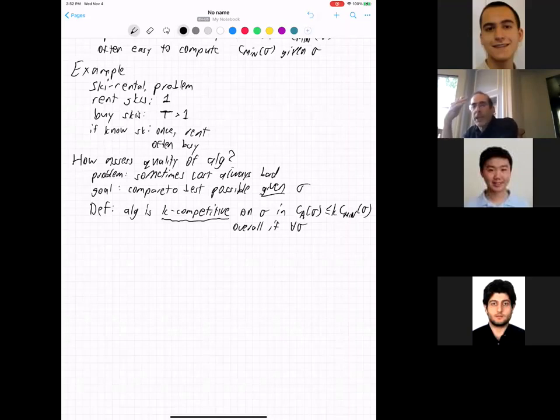There tend to be these amplifications that mean you can't actually achieve any additive competitive ratio. So we're going to jump straight to thinking about multiplicative competitive ratios. Sometimes we also ignore edge effects. So we say that an algorithm is asymptotically k-competitive.